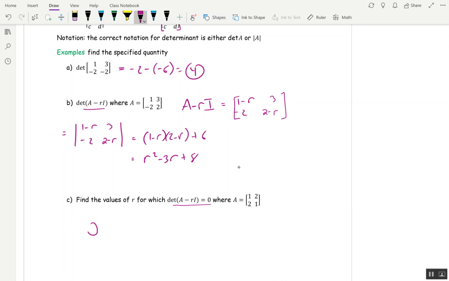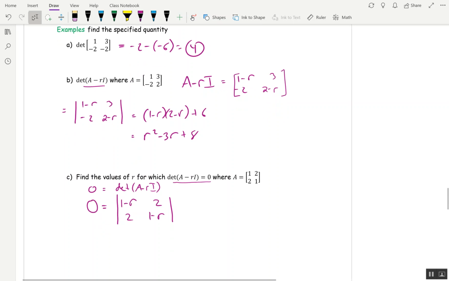So we start out with 0 equals the determinant of A minus Ri. In the determinant symbols, I'm going to write A minus Ri, subtracting R on the main diagonal. That's the equation. I want to solve that for R.